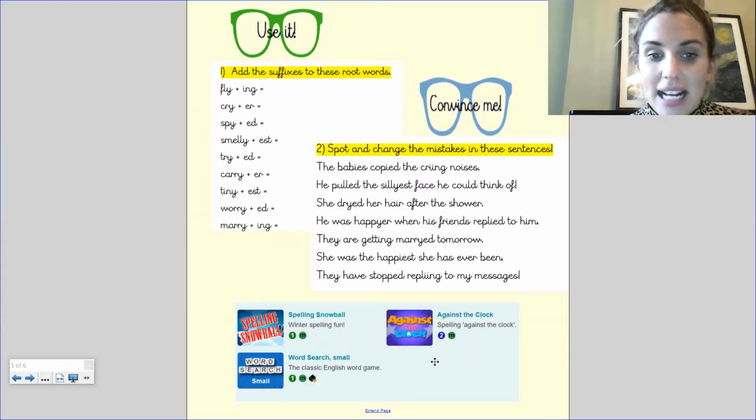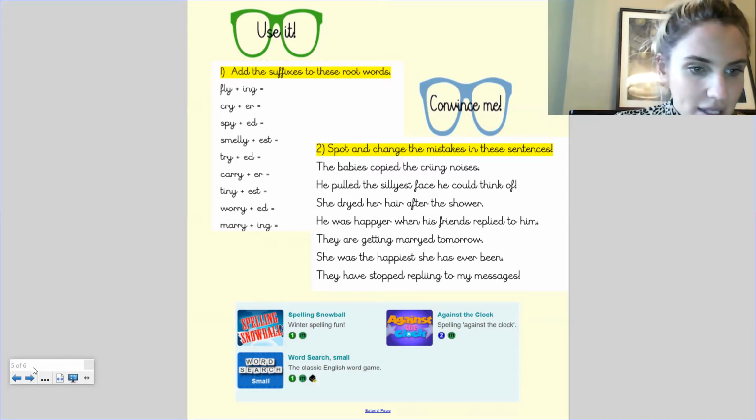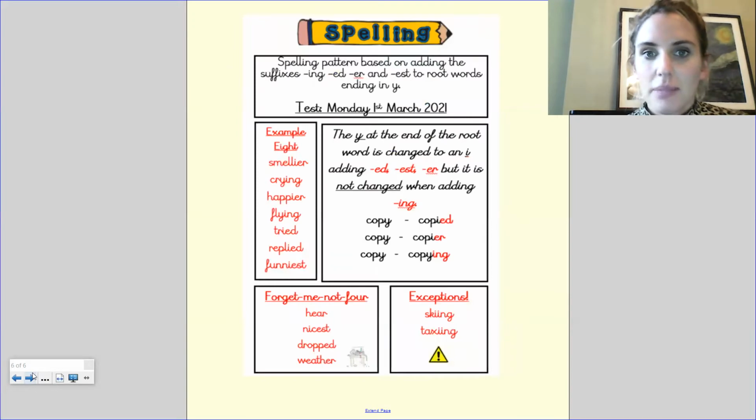You don't have to do them today, but you can do them up until our spelling test, which is going to be next Monday. So here are your spellings for the next week, and the test will be on Monday with Mrs. Weston.